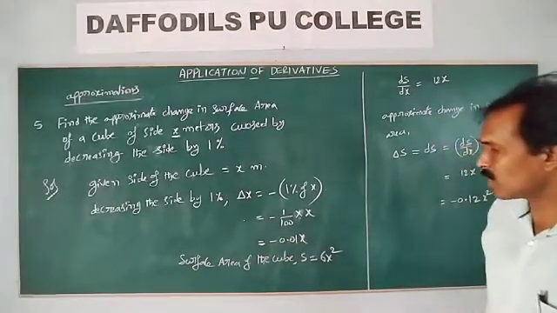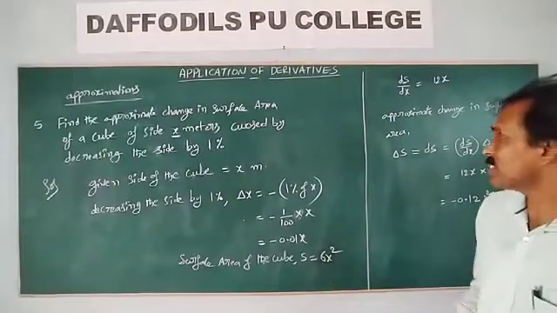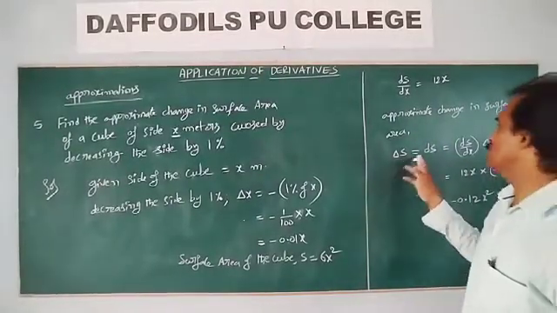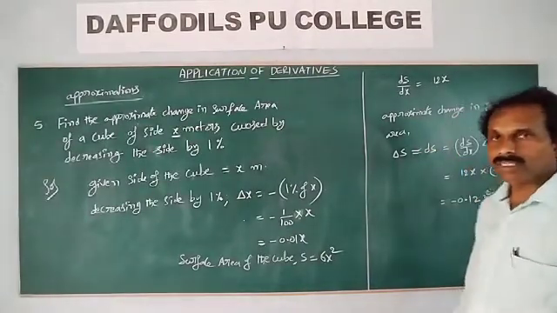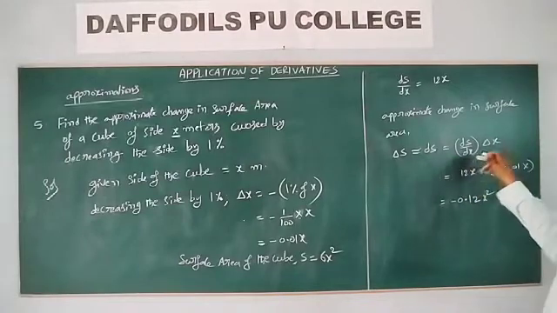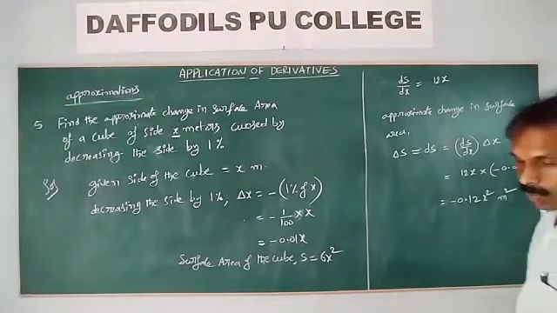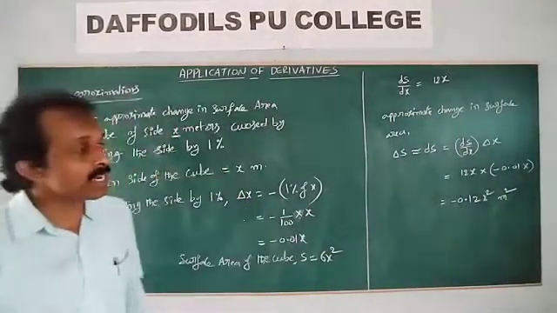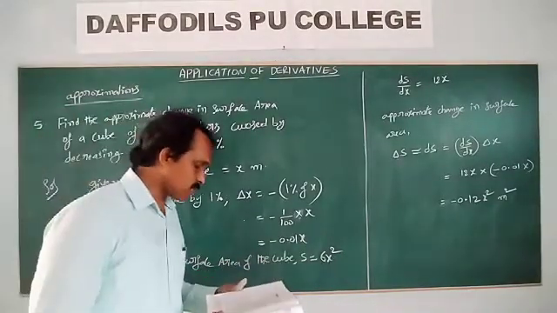Surface area of the cube formula is 6x square. Differentiate with respect to x: ds by dx is equal to 12x. Approximate change in surface area is ds, equal to ds by dx into delta x. So the answer is minus 0.12 x square meter square.